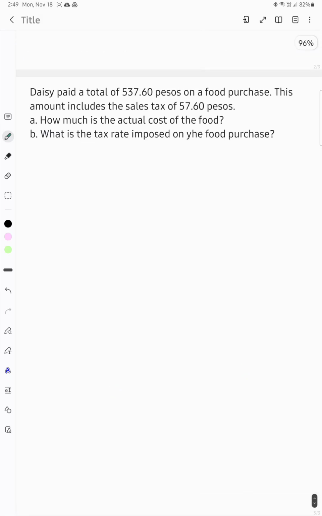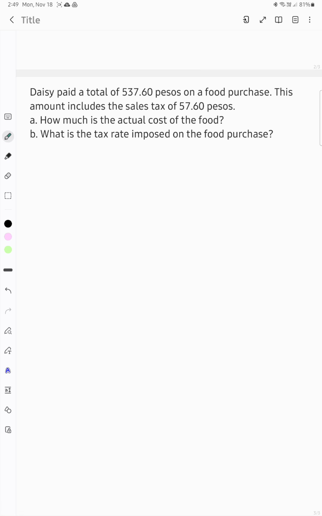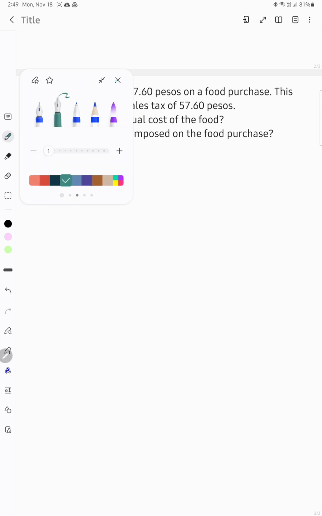Here's a problem. They paid a total of 537.60 pesos on a food purchase. This amount includes a sales tax of 57.60 pesos. The question is, how much is the actual cost of the food and what is the tax rate imposed on the food purchase? Working with that, when we talk about actual cost, we work that out as in letter A of the second problem.